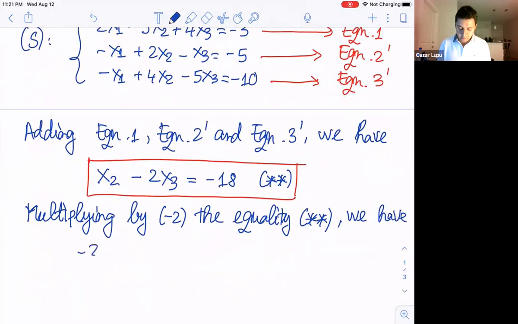We'll have negative 2x2 plus 4x3 equals 36.